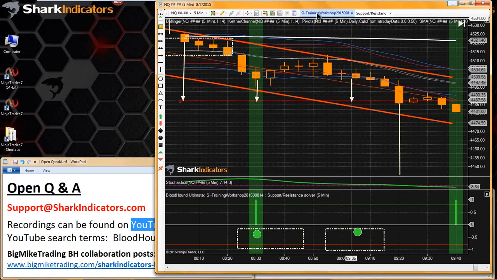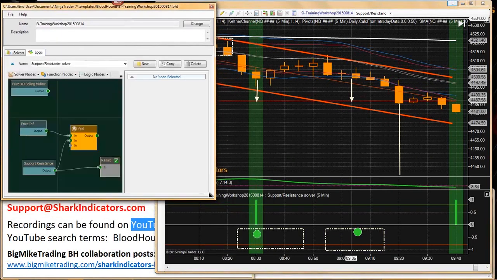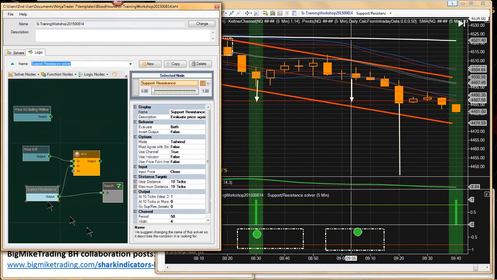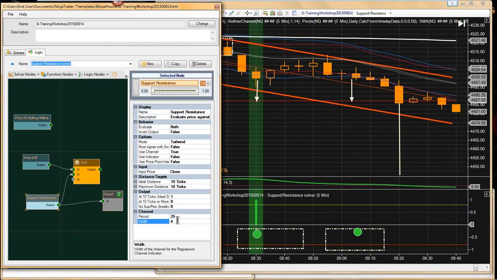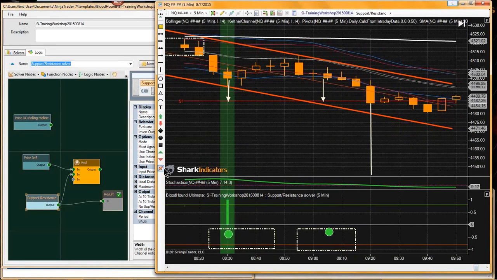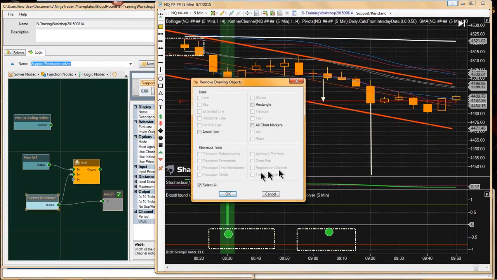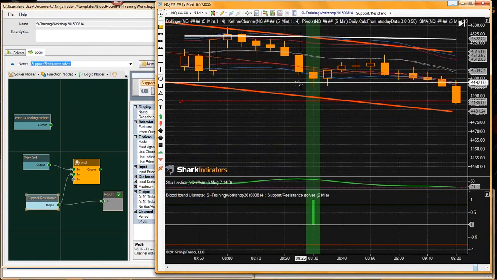So what this is saying is, if we get BloodHound open, I need to change the period for the regression channel on the solver here to 25. There we go. Now the period and the width match what's on the chart. All right, let's take a look at what's happening right here.